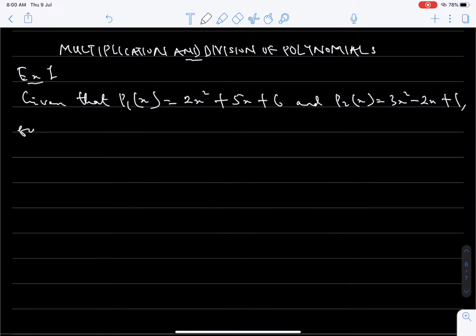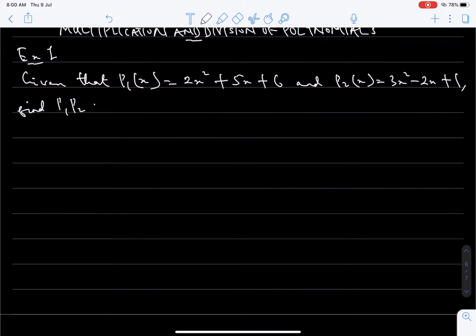Find P1 P2. That simply means find the product of P1 and P2.